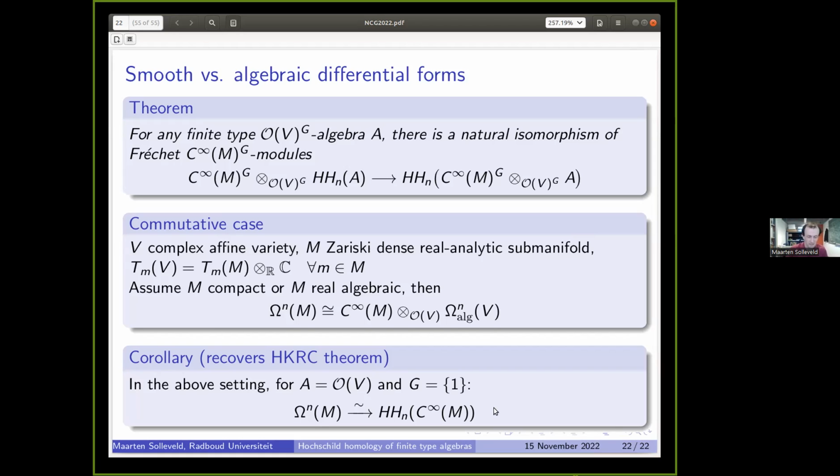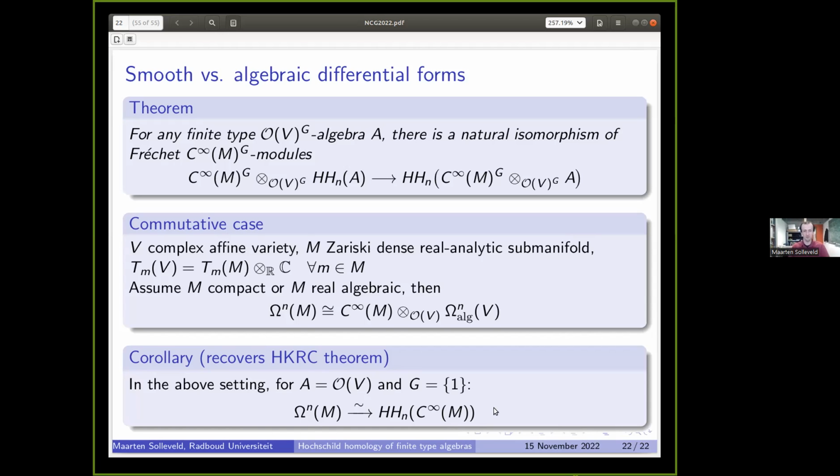This is a corollary of this result, which is satisfactory in the sense that we know it's true and it confirms what you already knew. It indicates that this is maybe a nice generalization of a well-known result about Hochschild homology for commutative algebras to Hochschild homology for non-commutative algebras, which are still not so far away from commutative algebras in the sense that they are of finite rank over a commutative algebra.